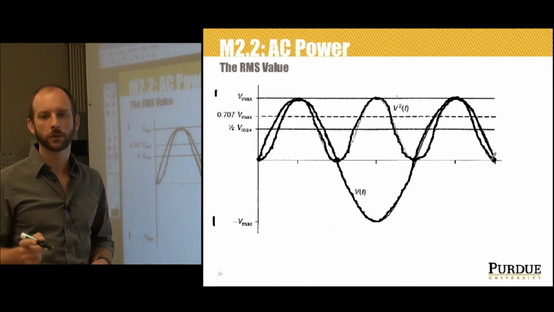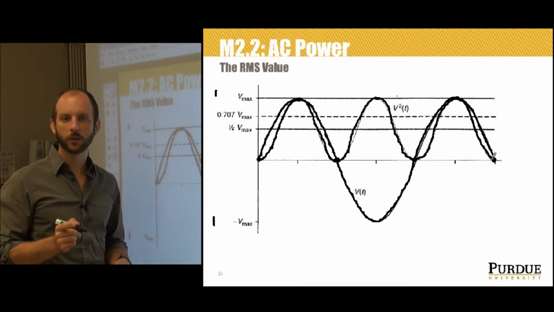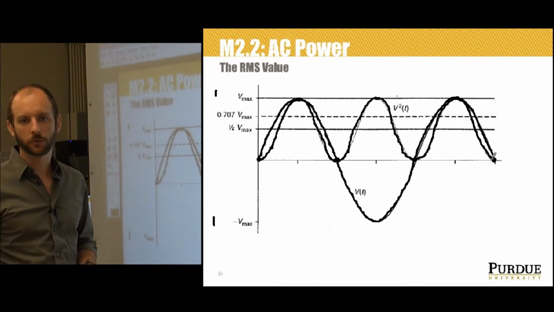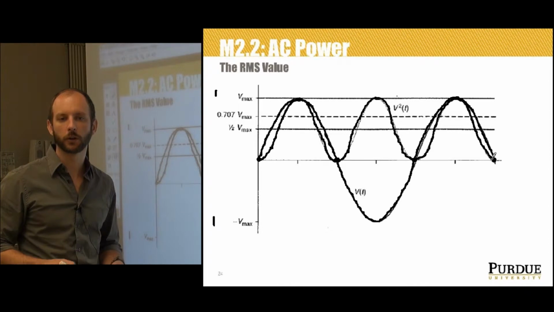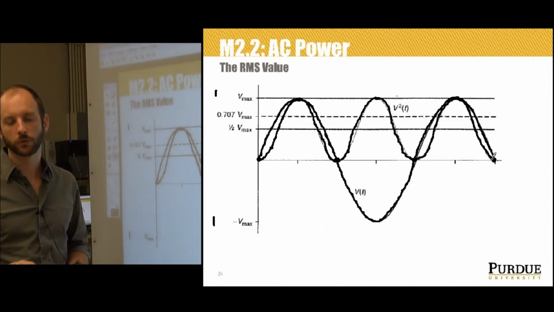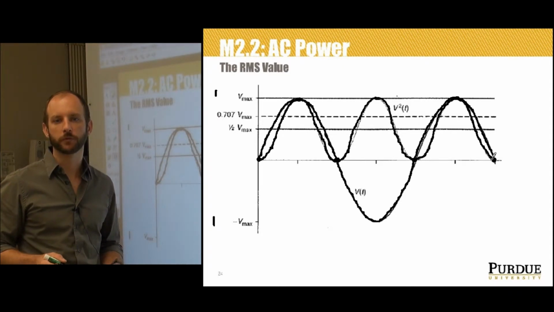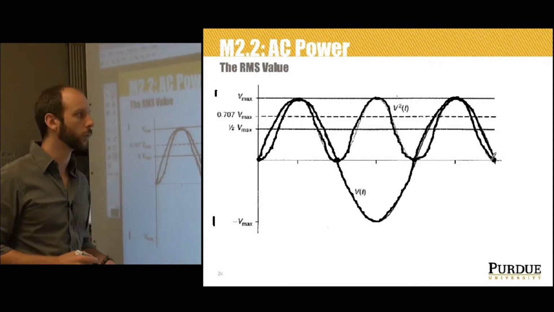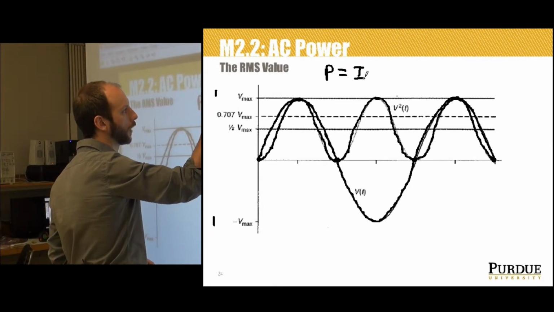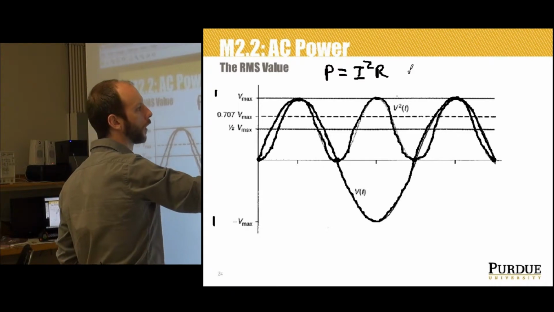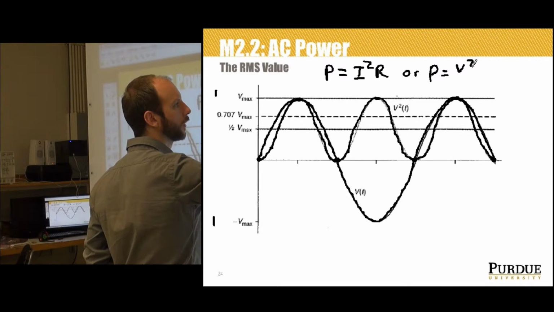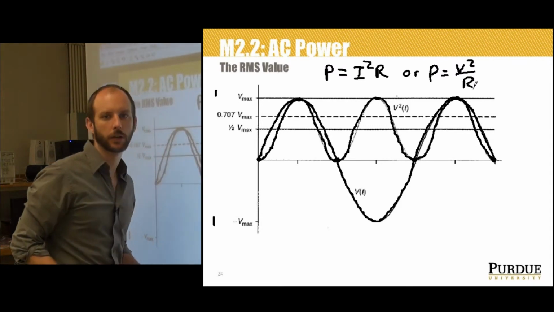I.e., what we want to know is, can we compare the amount of power delivered to a load between different waveforms? If you recall, the power in a resistive circuit is given by the product of voltage and current, or P equals IV, which when manipulated to reflect power delivered to a resistive load can be written as P equals V squared divided by R, or P equals I squared R. So power equals I squared R, or power equals V squared over R. Those are just saying the same thing.